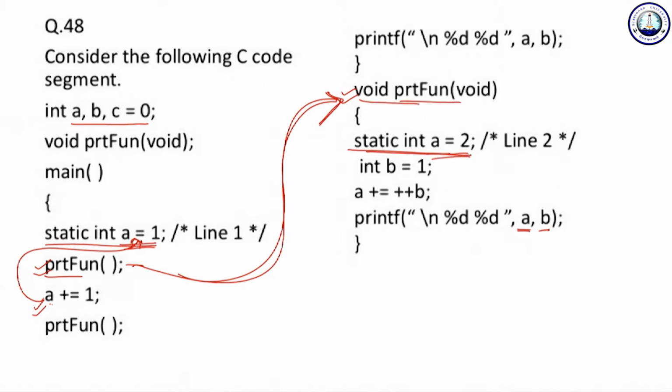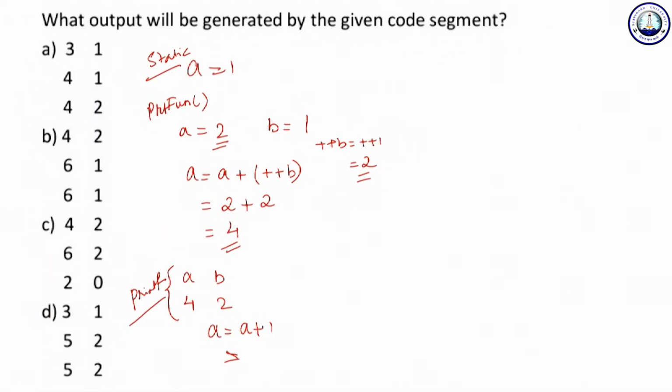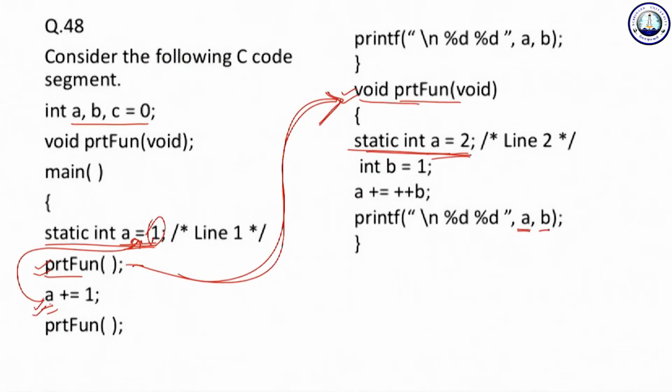So, here this A will take this value. So, it will be 1 plus 1 is equal to 2, because here the local static A is taken. Then again function call PRT fun.